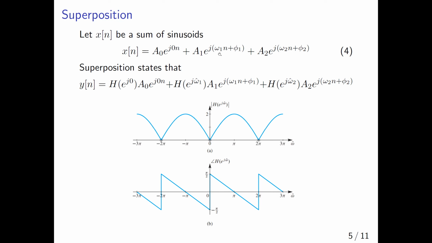You have a term at the omega 1 frequency, omega 2 frequency, and some phase shift terms, which don't do too much. It basically says, just take the value of H of e to the j0 at 0 here, and you do the same thing for different omega 1, omega 2, and you just multiply the same part. There are no cross terms that happen when you do this multiplication. So different frequencies do not interact with each other.